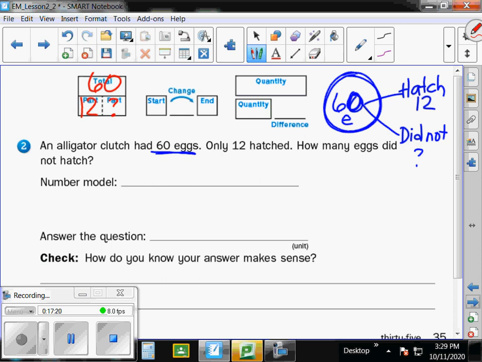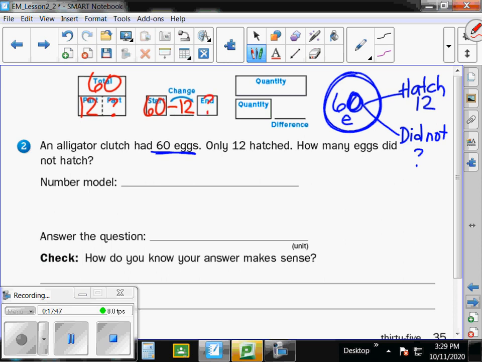Okay? I could also use the start, change, end. Guys, we started with 60 eggs. Something happened, right? What happened? Well, they hatched. When they hatched, do you think they probably left that clutch or left that nest, right? So they went away, didn't they? So minus 12, and then how much did we end up with that didn't hatch?